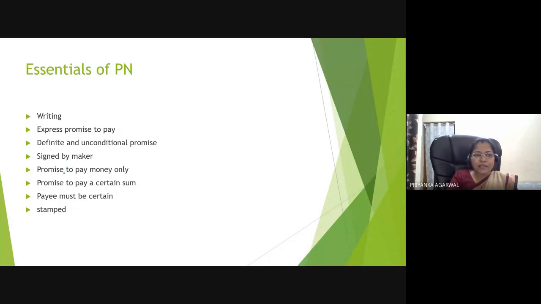The amount should be certain, or it is calculated in a certain manner. If I say 500 plus 12% interest, then it is also a certain sum of money. But whatever examples we have read, those are not giving certainty. Pay must be certain and stamped.